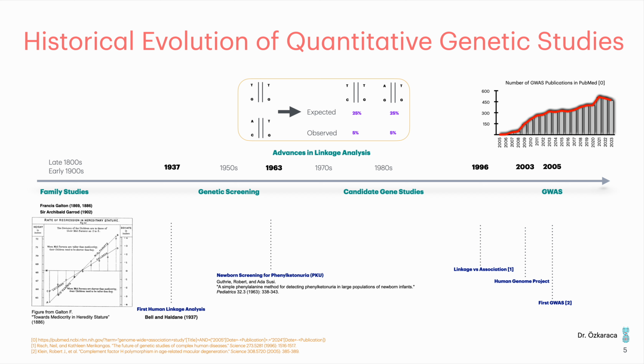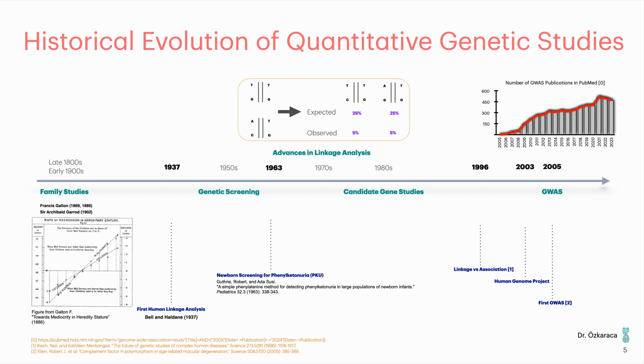Galton introduced the idea of regression to the mean, a key concept in heritability. Around the same time, Garrod described genetic disorders like alkaptonuria, coining the term inborn errors of metabolism. Their work laid the groundwork for linking genes to observable traits.